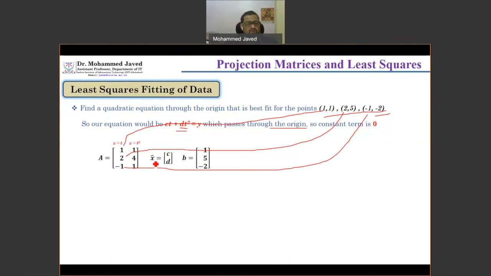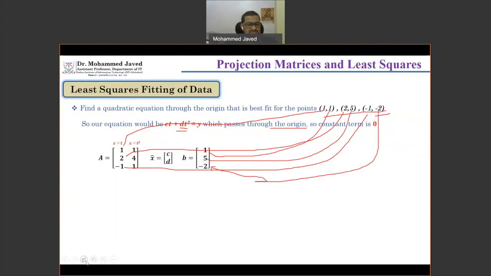And now what is this x cap? X cap is c and d, which are unknowns. What is b? B is given here. B is 1, 5 and -2, brought from here. Yeah, so 5 is here and -2 is here, right? So you can see this.